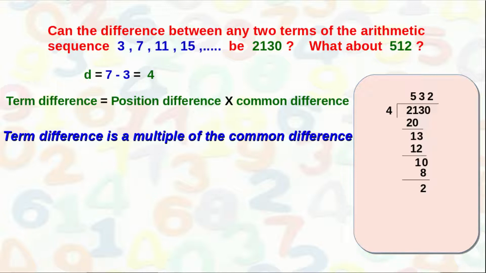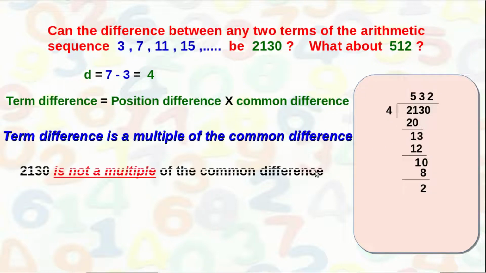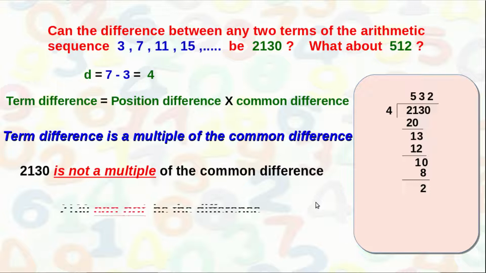That means we cannot divide 2130 by 4 completely, or 2130 is not a multiple of the common difference 4. Therefore, we can conclude that 2130 cannot be the difference between any two terms of this sequence.